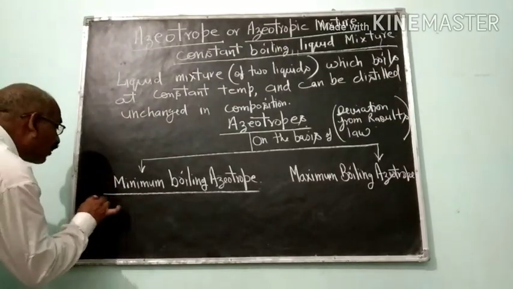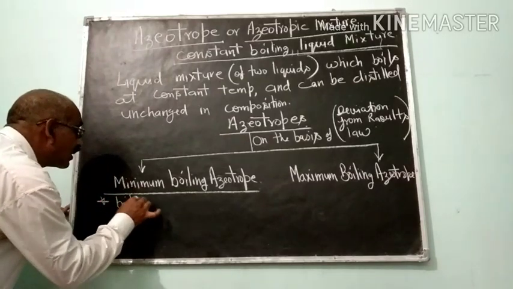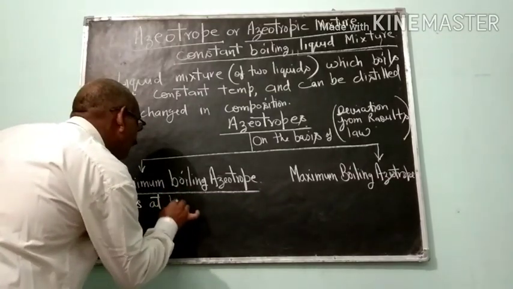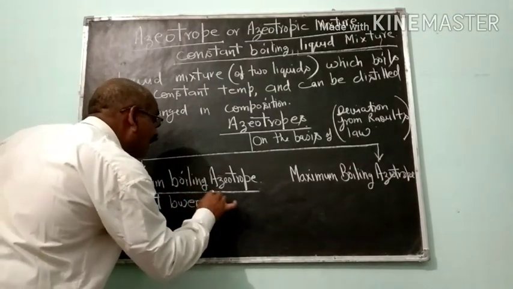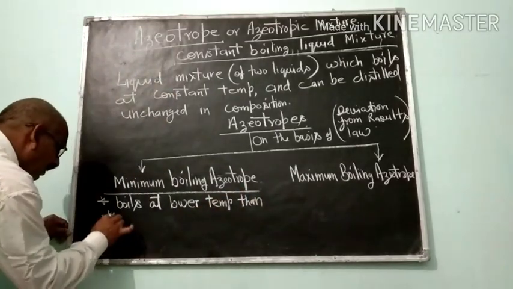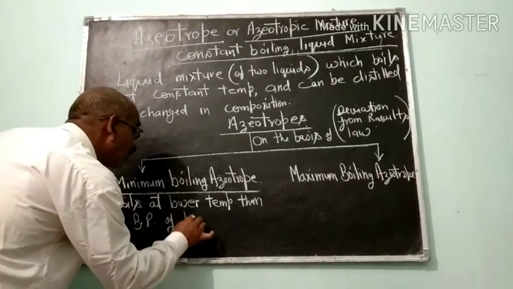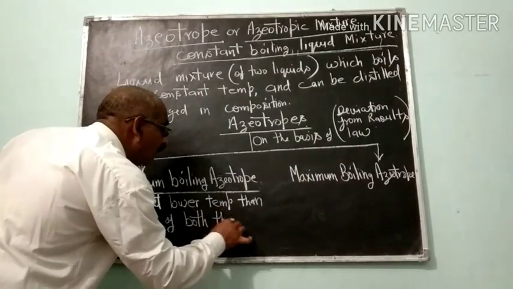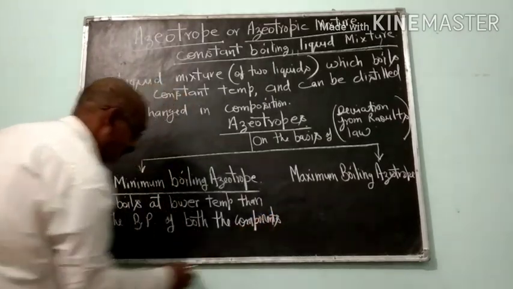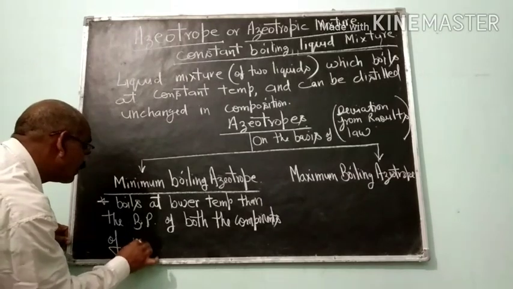So this azeotrope means this liquid mixture boils at lower temperature than the boiling point of both the components of the mixture.